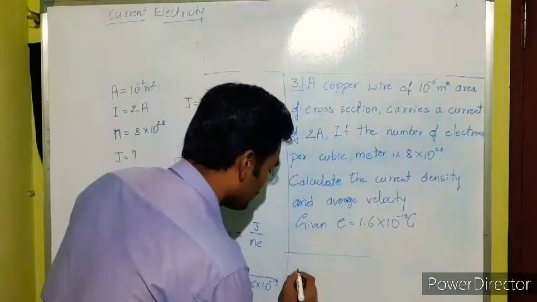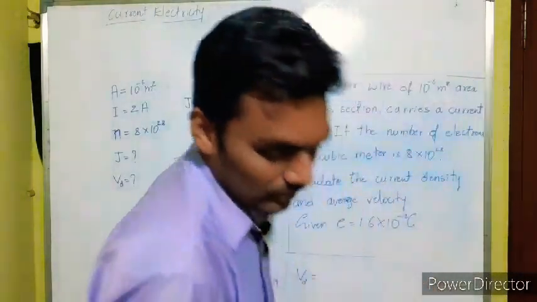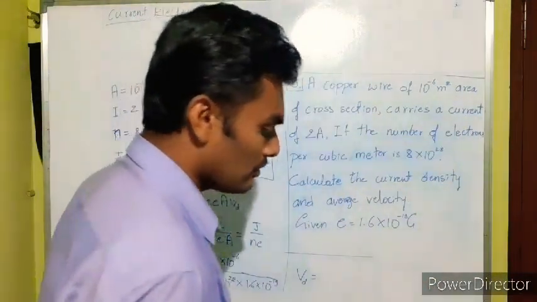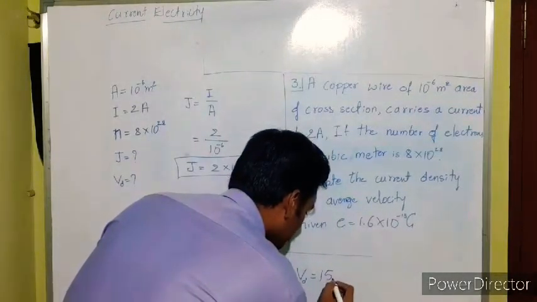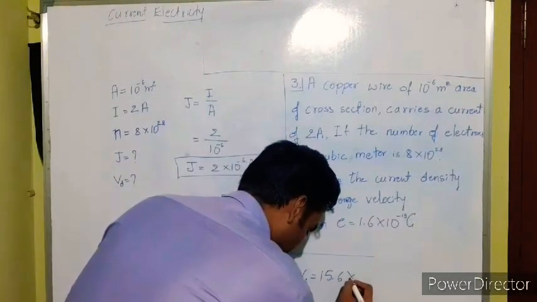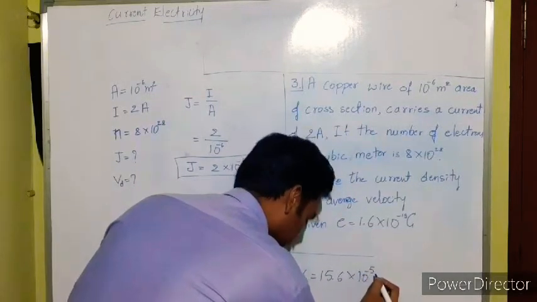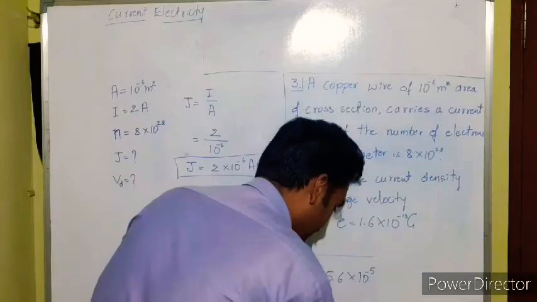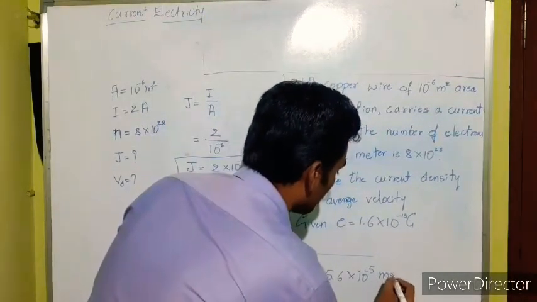After doing that, you should obtain the value of Vd, which is 15.6 into 10 to the power of minus 5 meter per second.